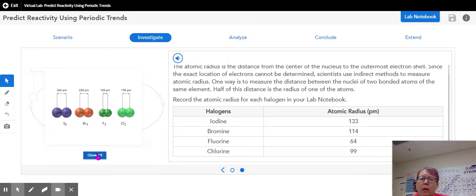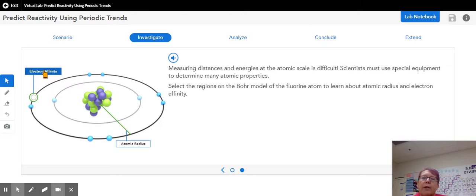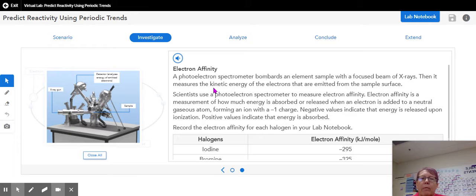So now I'm going to close this and notice over here it says electron affinity. We're not going to talk a lot about electron affinity, but in this scenario, it is a measure of how much energy is either absorbed or released when an electron is added to an element.